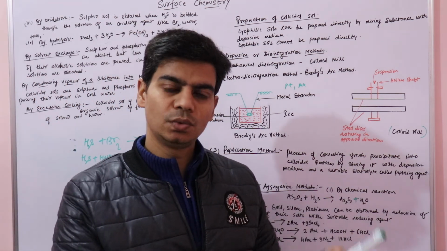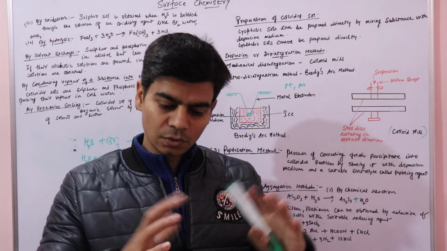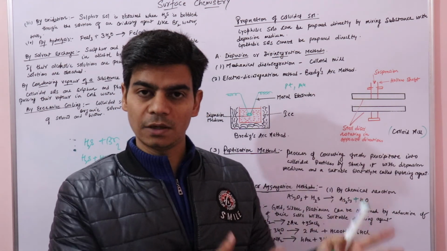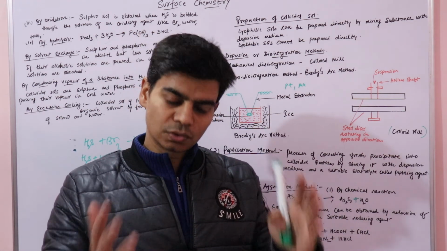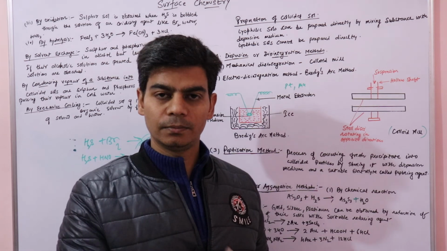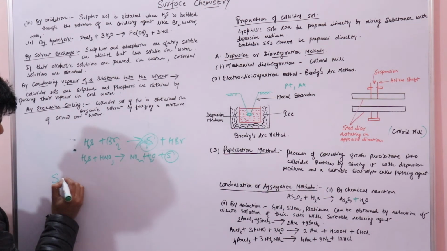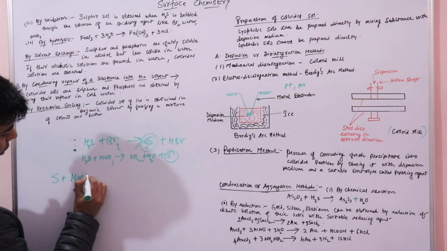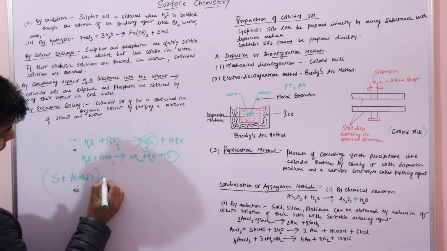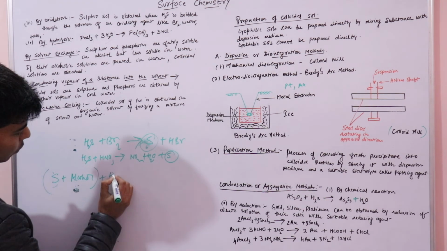So what you do is, you take sulfur or phosphorus and dissolve it in alcohol, and then you add this solution of sulfur in alcohol to water, right?